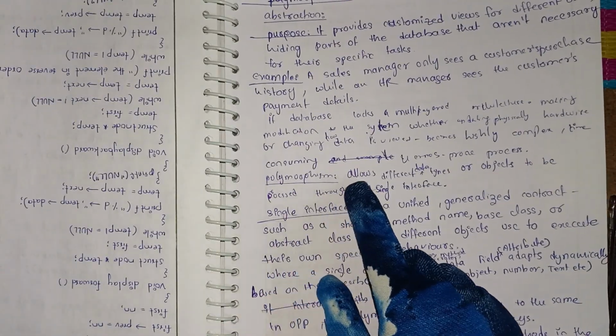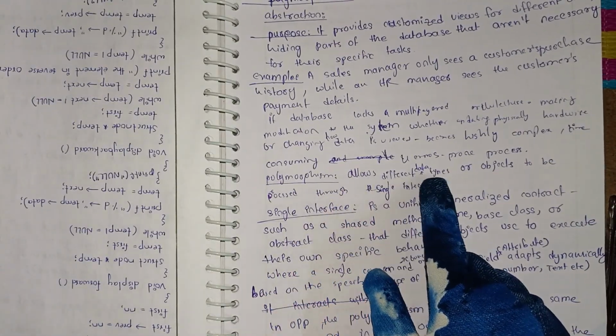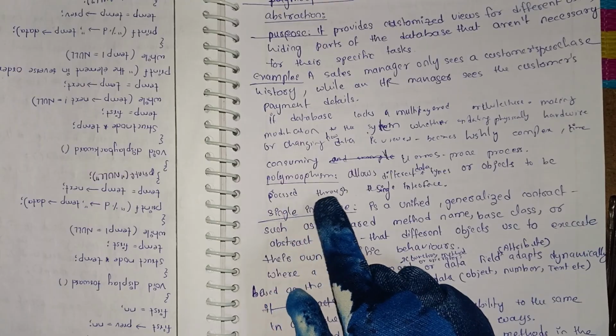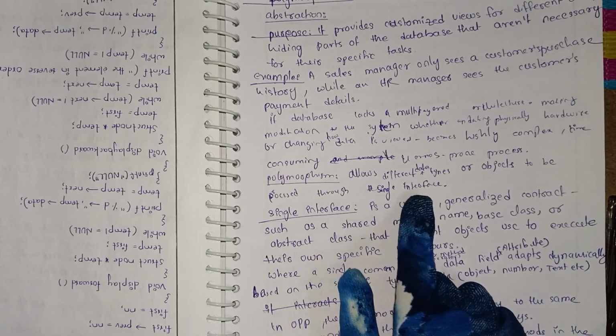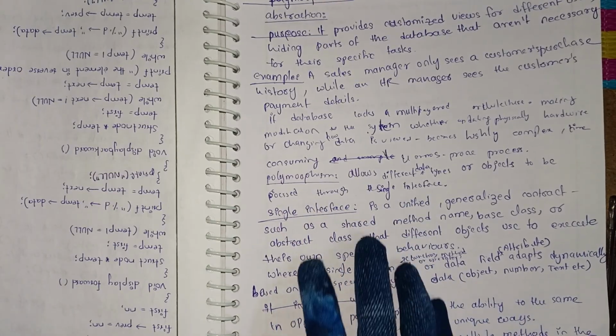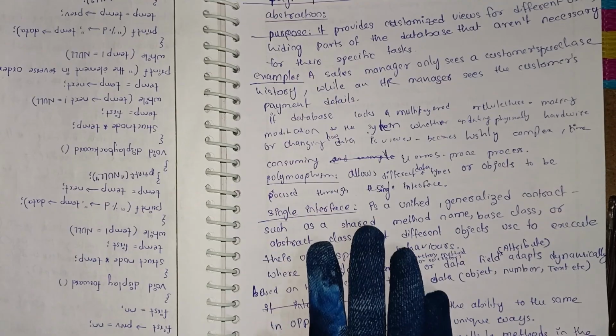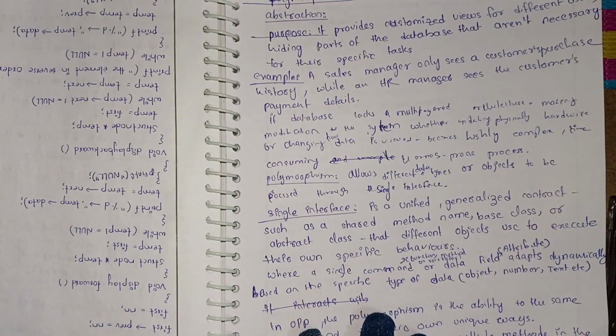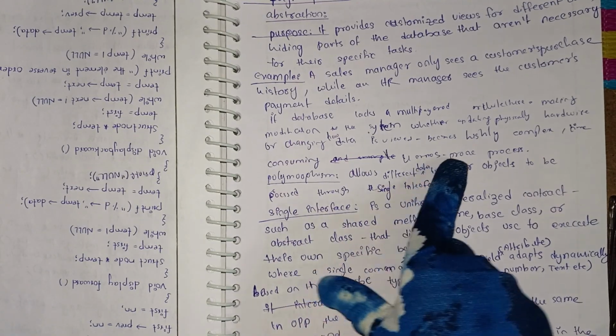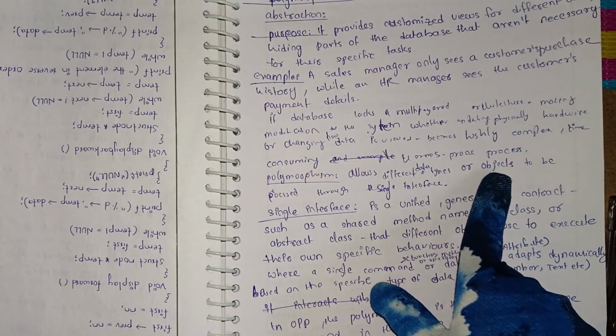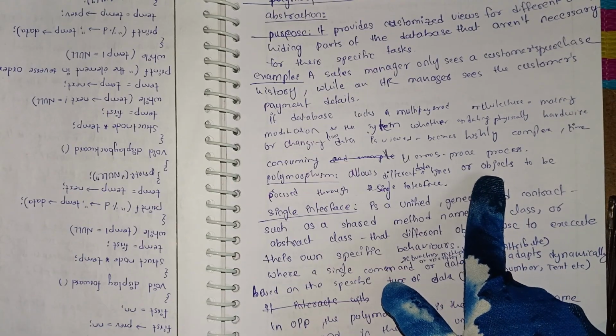And then the abstraction concept is completed. Then polymorphism allows different data types of objects to be processed through a single interface. We already know what objects are: structures in the database.